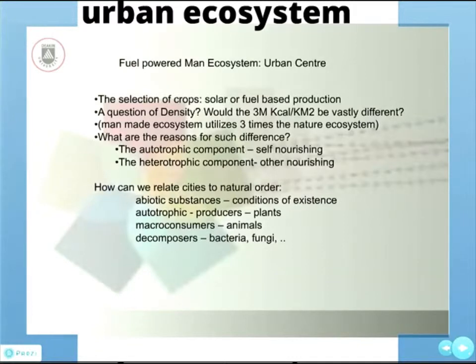We fertilize them. So every single activity we do to create the autotrophic system within cities is not really a natural system. So how can we move from that? Is it possible? Can we make our cities have serious and real autotrophic components?